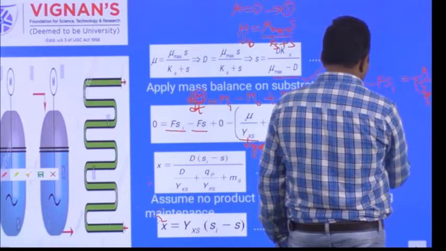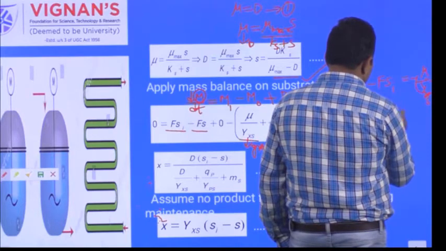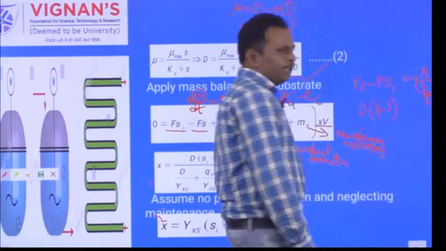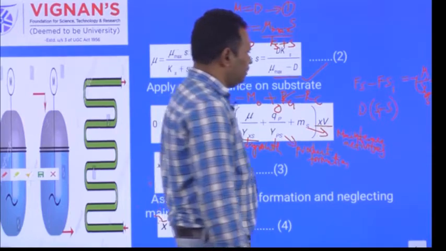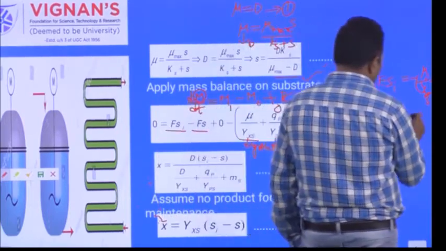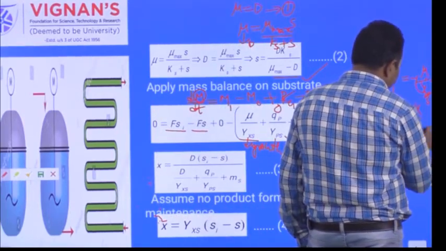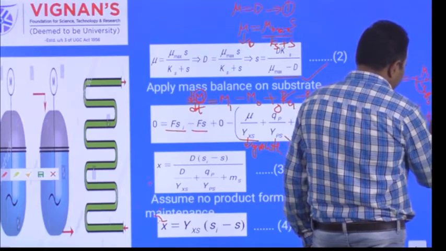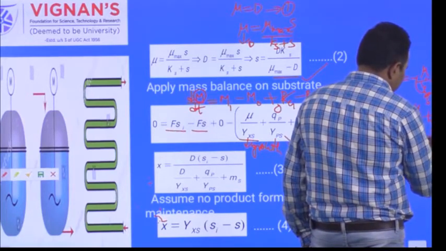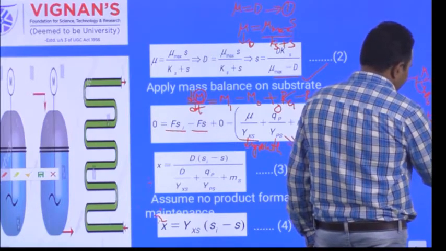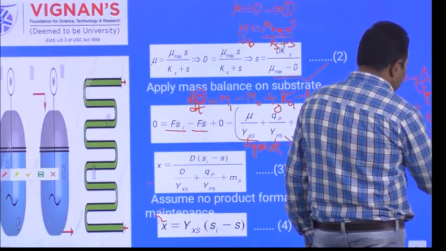Otherwise take this minus to the left hand side, and this becomes Si minus S, reversed. And this is equal to mu by Yx/s plus qp by Yp/s plus ms, into x. From this one solve for x.